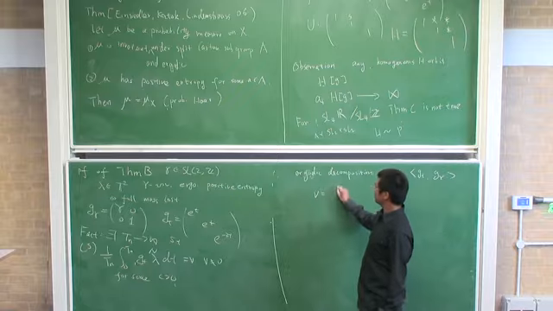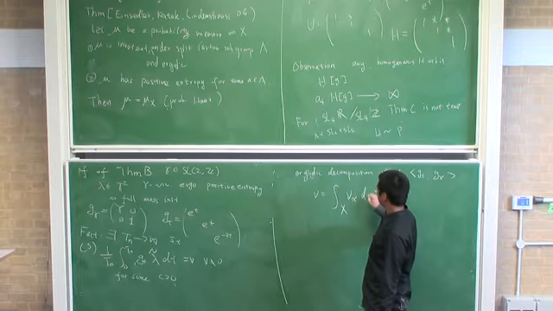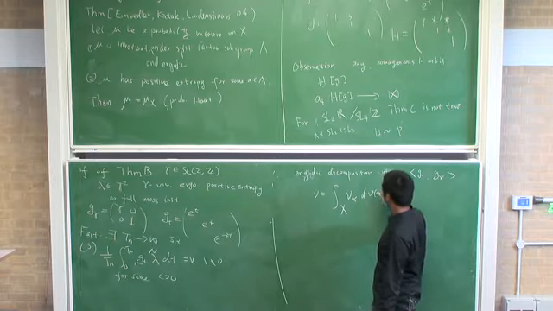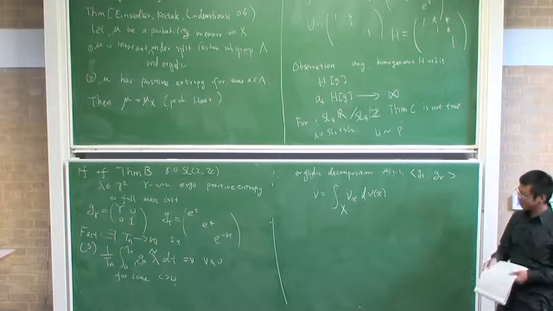Therefore, nu is an integral over the space X of nu_x d nu(x), where nu_x is the ergodic probability measure with respect to this group.